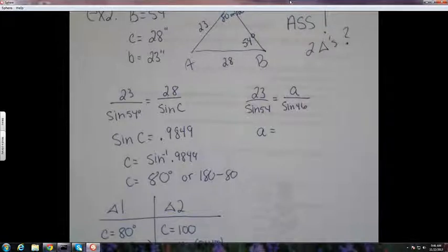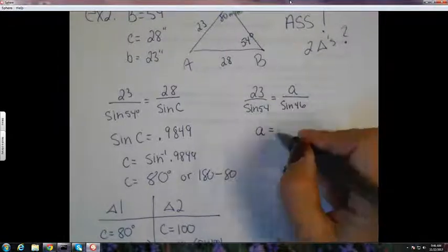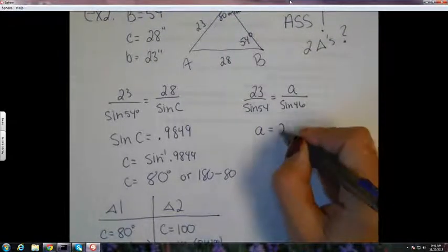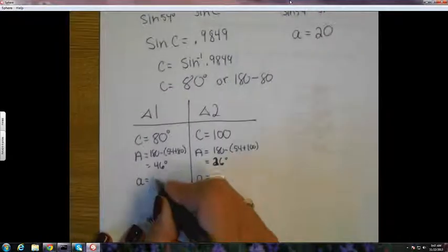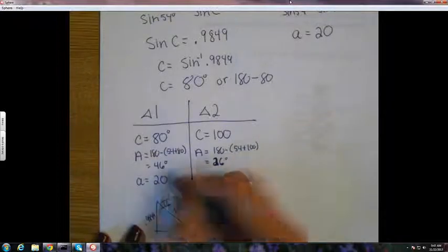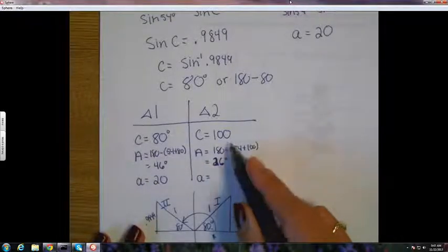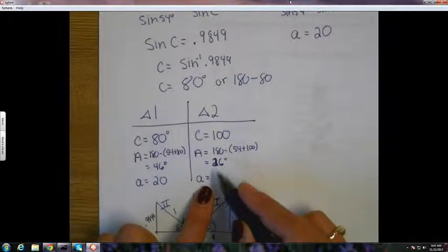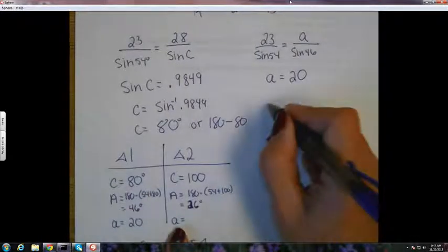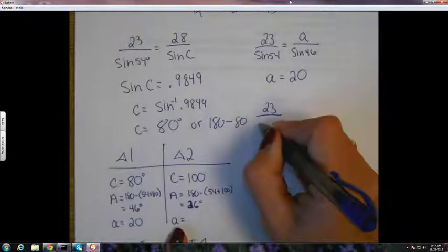I got 20, I guess, if I go 2 sig figs. Everybody okay with 20? Okay, so 20 is my remaining side here in triangle 1. I have a second triangle because I've got the 2 angles here. So I'm going to find little a in this triangle that's across from the 26 degree angle. So 23 over sine of 54, I'm going to stick with that ratio.